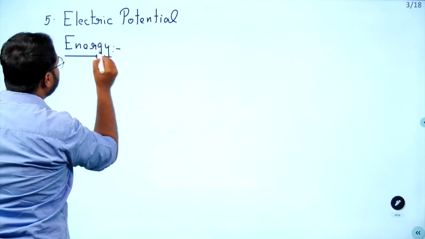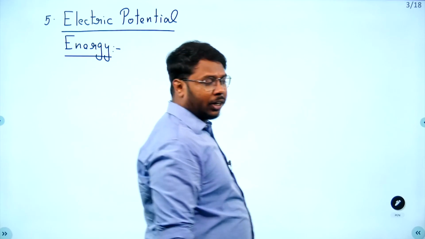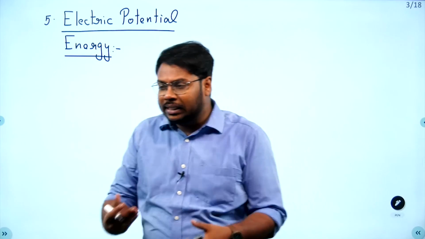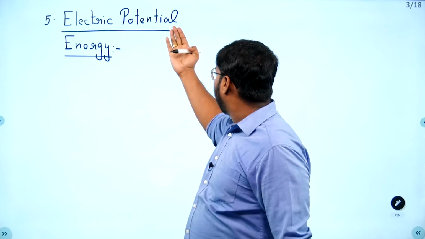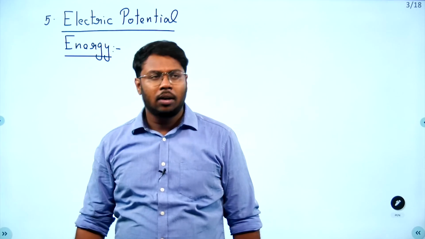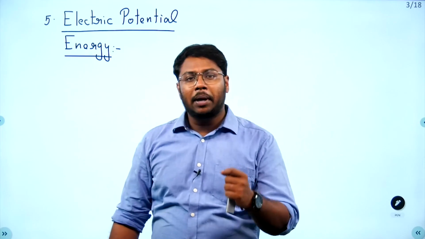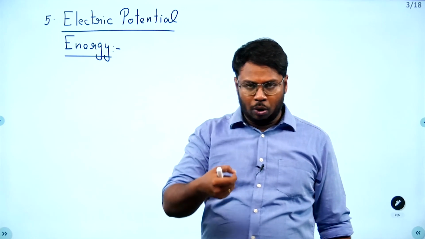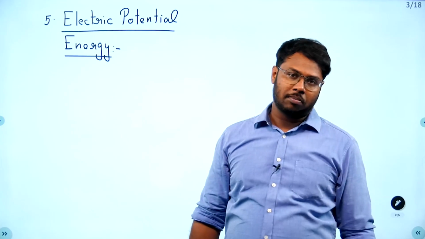So what does electric potential energy mean? This again represents the ability to do work, because potential is the term that is involved here. So what type of ability are we talking about right now? The ability to do work with the help of an electric field. That is what it means.